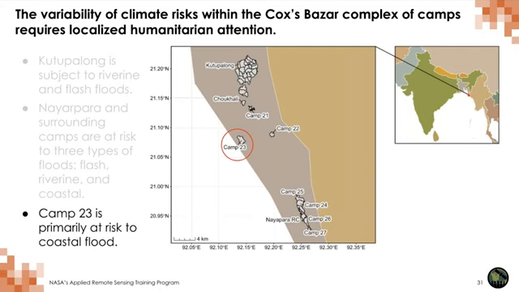So we need to be sure that we're developing strategies that are specific to the needs and the risks present in each camp. And as you can see, if you look at the 4-kilometer scale on the bottom left, this is a fairly narrow and long area. And the risk does change over geographic extent as you move north to south.